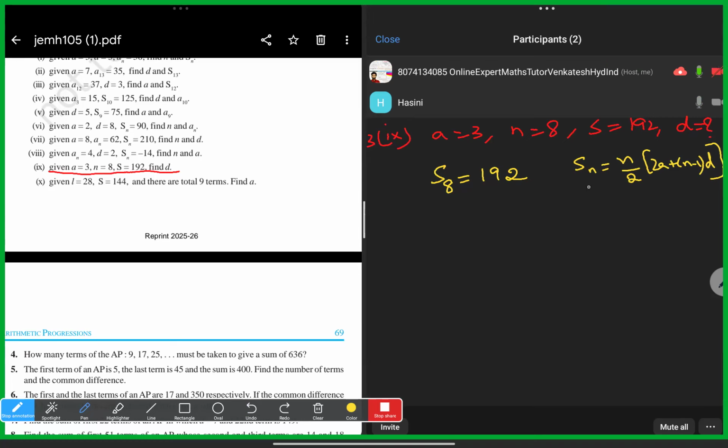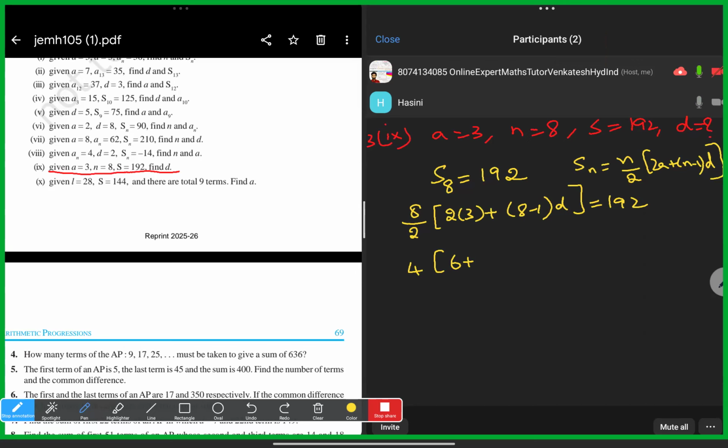So in this formula, in the place of n we have to write 8. 8 by 2 into 2a, 2 into 3 plus n minus 1, 8 minus 1, into d. D is how much? D only is equal to 192. So 8 by 2 is 4.